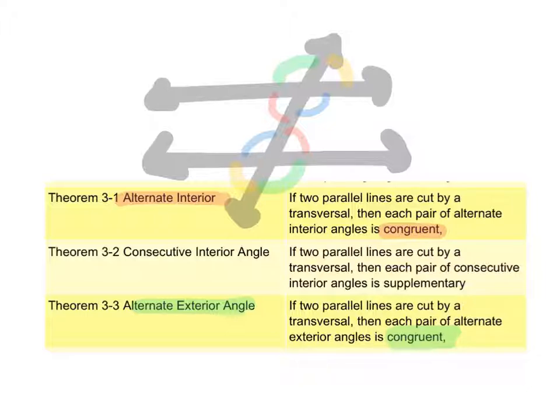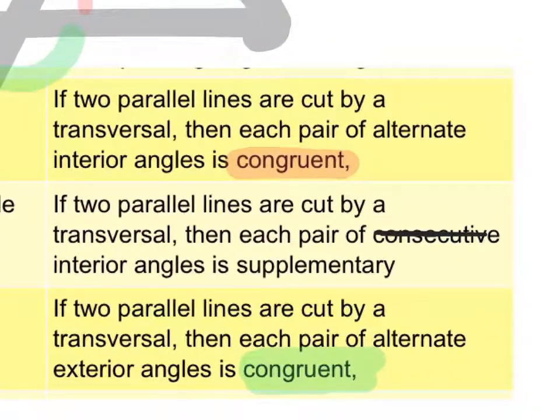Now we have the consecutive interior angle theorem. If two parallel lines are cut by a transversal, then each pair of consecutive interior angles is supplementary. In the last section, we know that consecutive interior angles are same side interior. They just gave it a different word here.